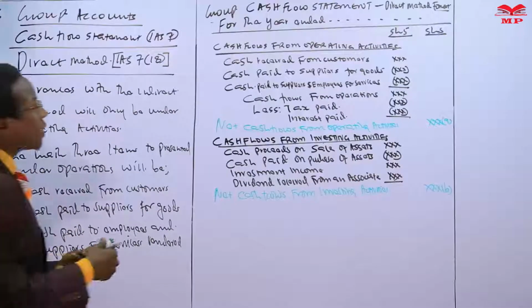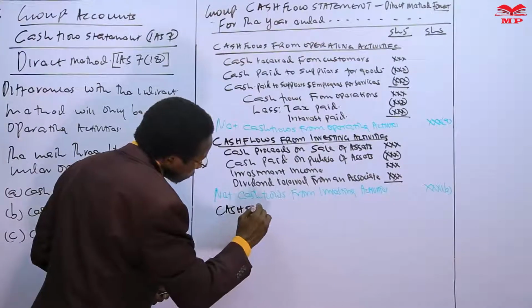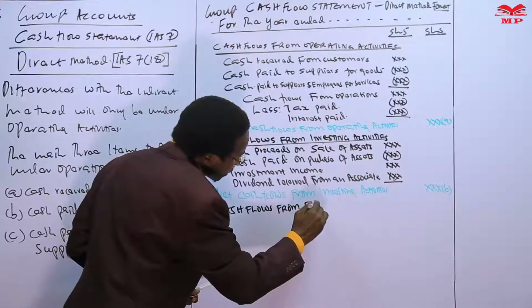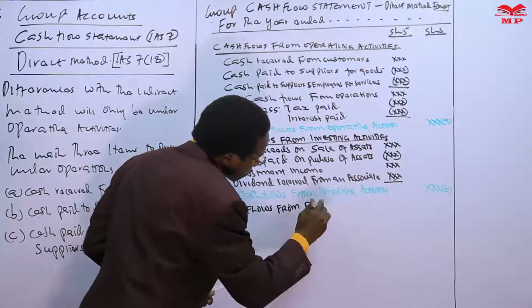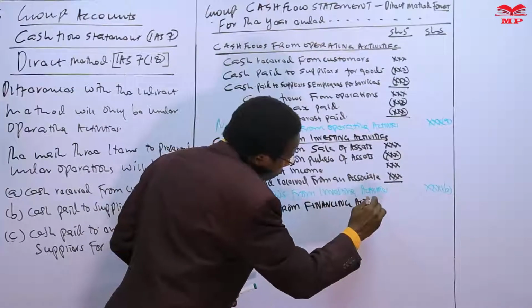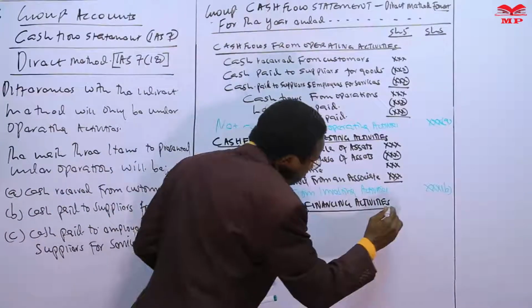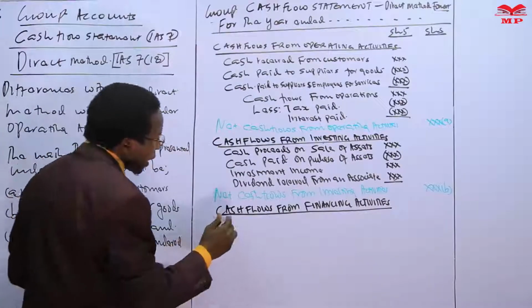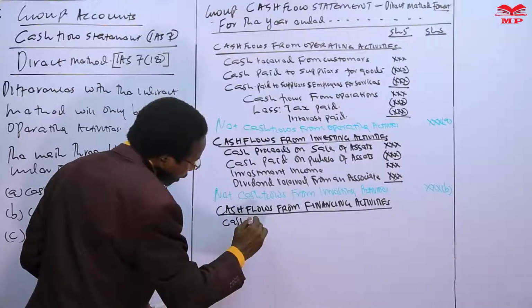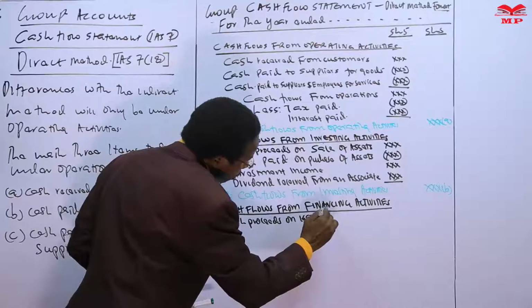Then we move on to the cash flows from financing activities. Now, one of the items is the cash proceeds on issue of shares.